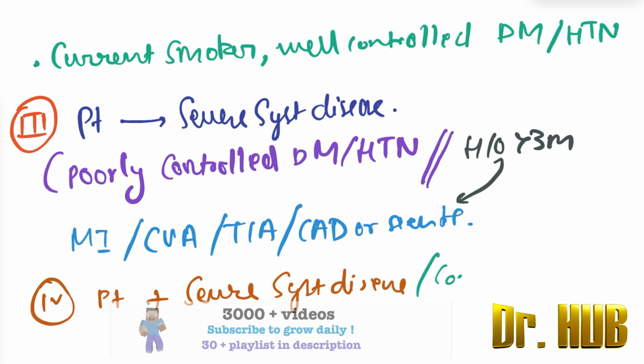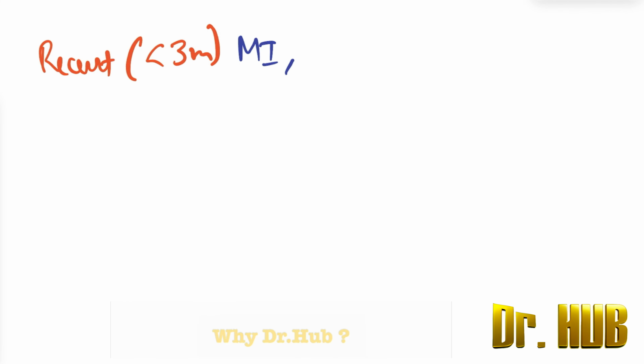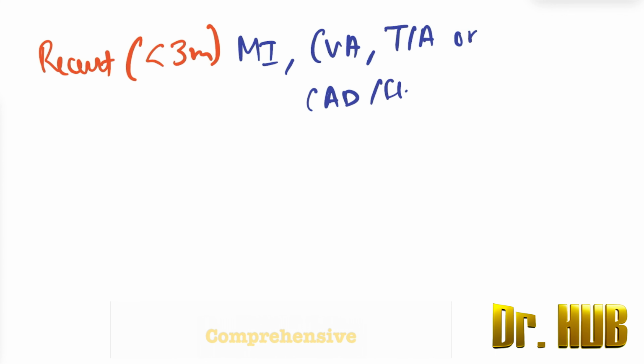The examples in class 4 can include recent, meaning less than 3 months, MI, CVA, TIA or CAD stents.